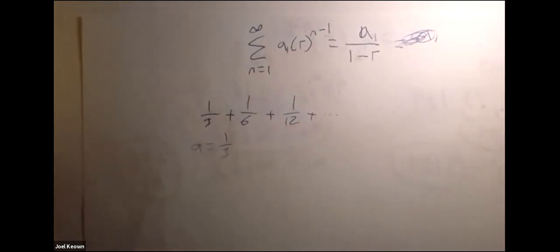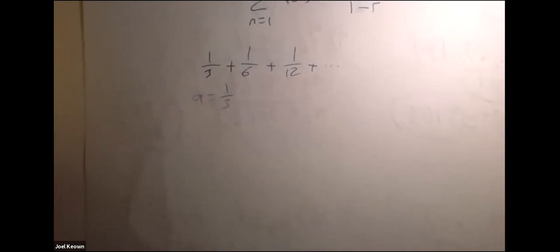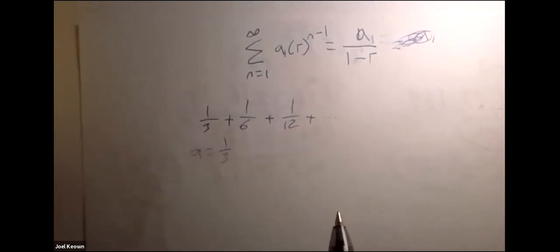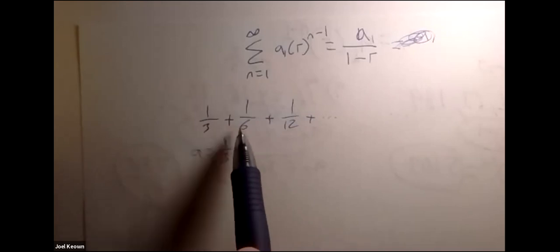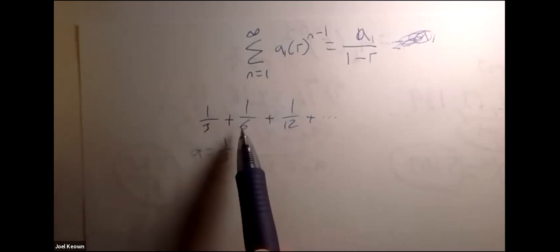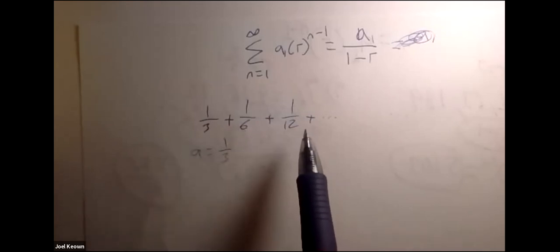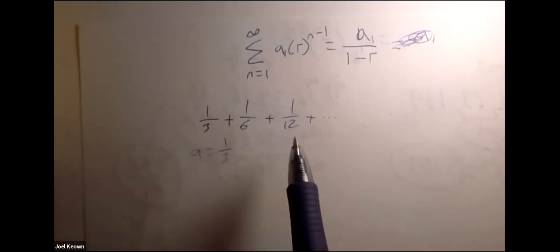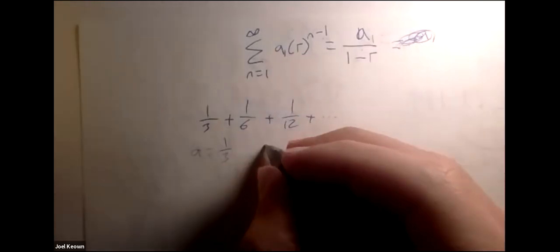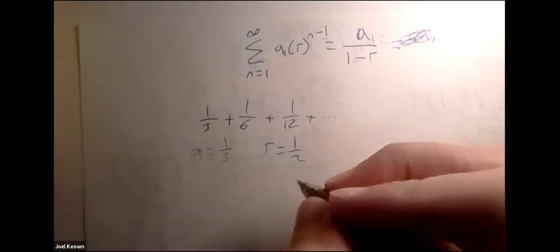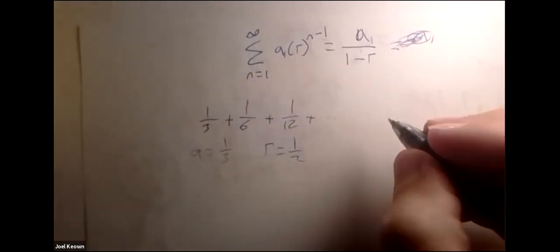And then my R, well, what do I keep multiplying over and over? 3 times what is 6? And then 6 times what is 12? Well, I keep multiplying the bottoms by 2. So my R is 1/2.